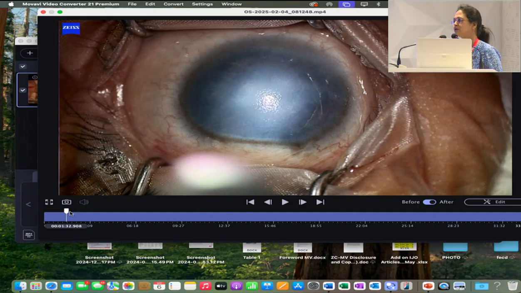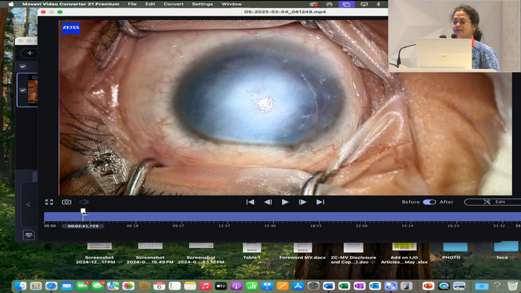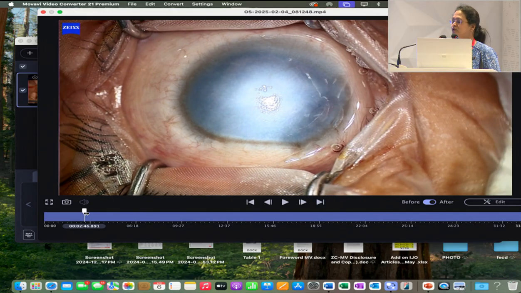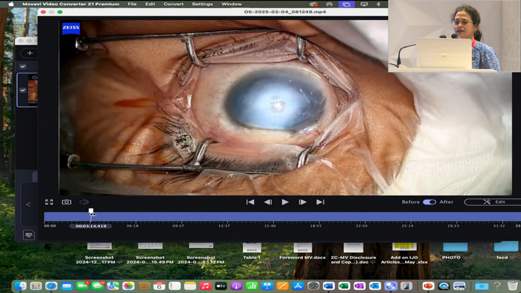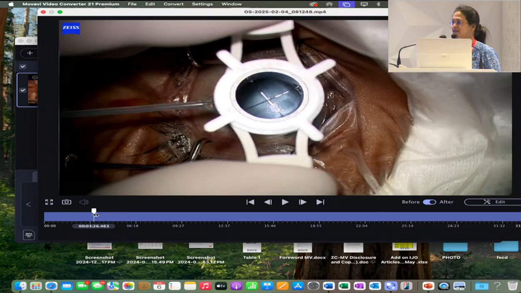With keratoiridolenticular abnormalities, both the iris and the lens are involved. This was helpful in prognosticating how the glaucoma behaved in these cases, and it really helped our understanding of KID versus KILD.